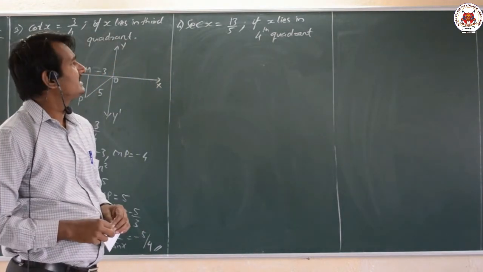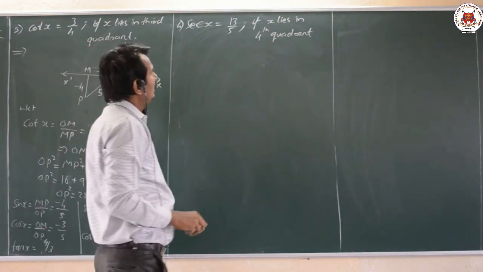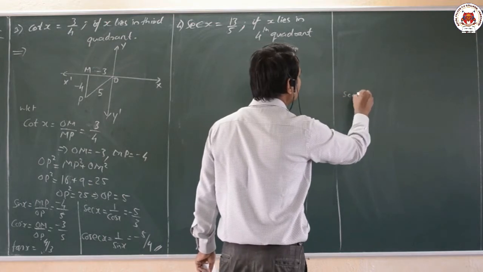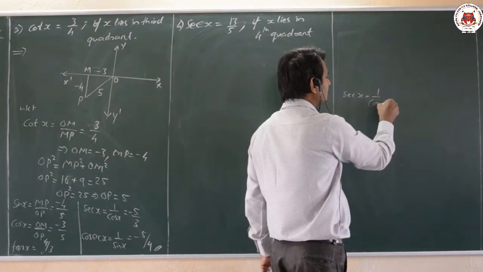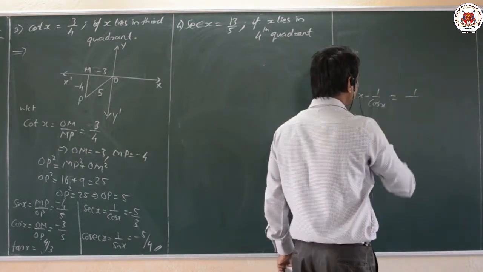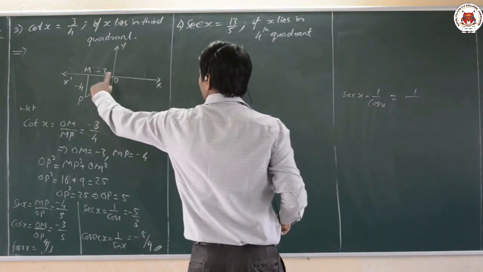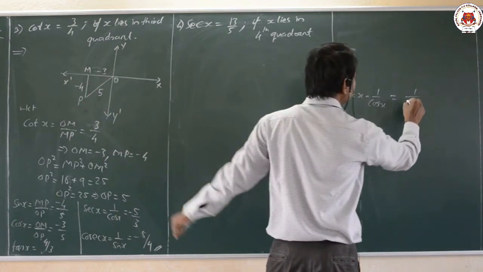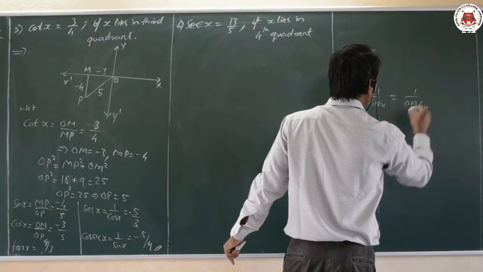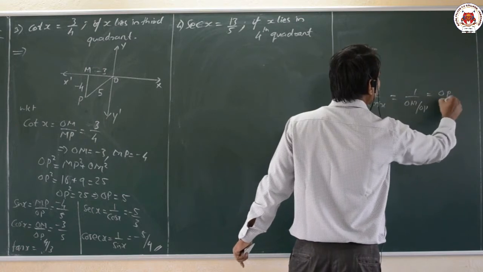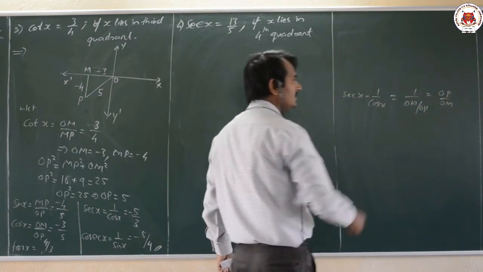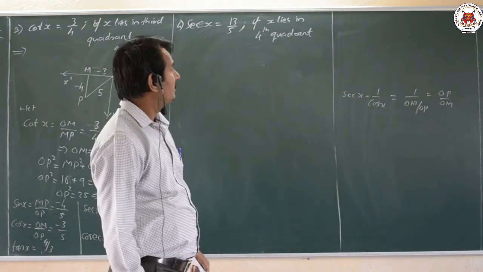What do we have if x lies in the fourth quadrant? Already we know secant x is equal to 1 divided by cos x. Now here cos x is always adjacent by hypotenuse, that is nothing but here OM divided by OP. That implies secant x means OP by OM we get.